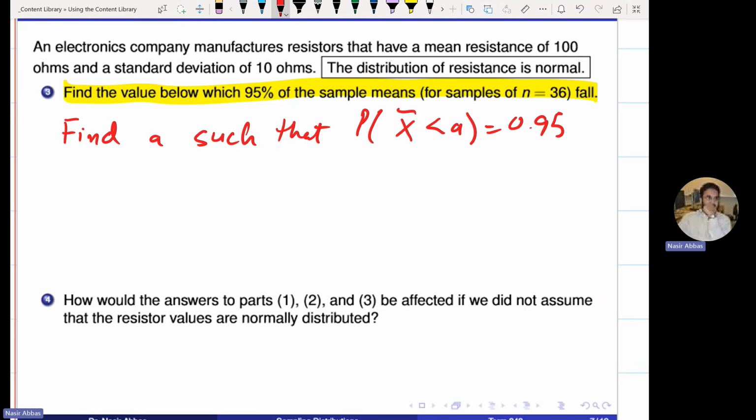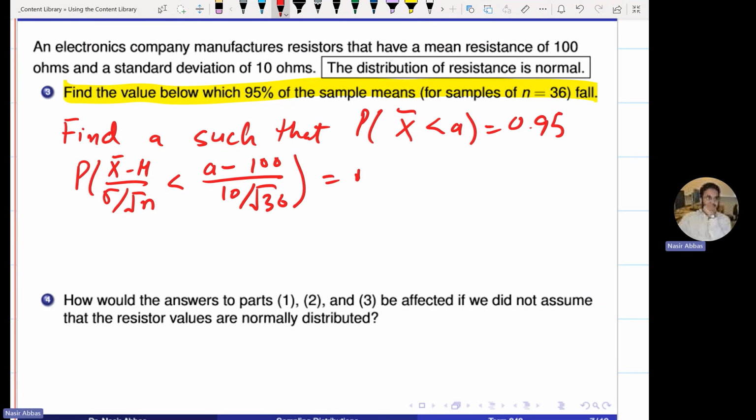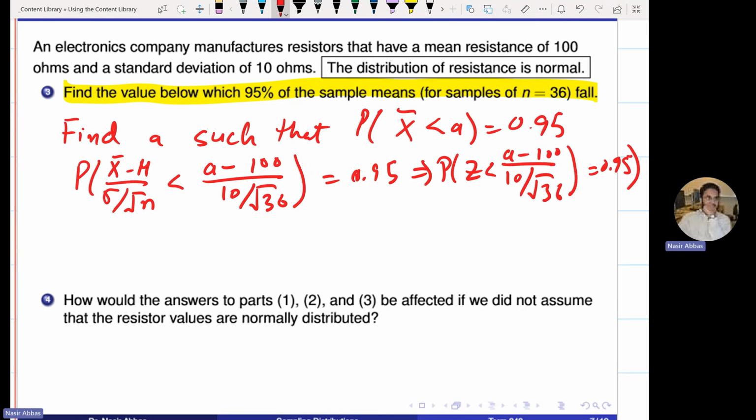Same thing. Standardize it, convert it to Z. When you convert it to Z, X bar minus mu divided by sigma over root n is less than A minus mean, which is 100, over sigma 10 by root of 36. This is 0.95. This implies probability of Z less than (A minus 100) over 10 by root of 36 equals 0.95. Call it equation 1.